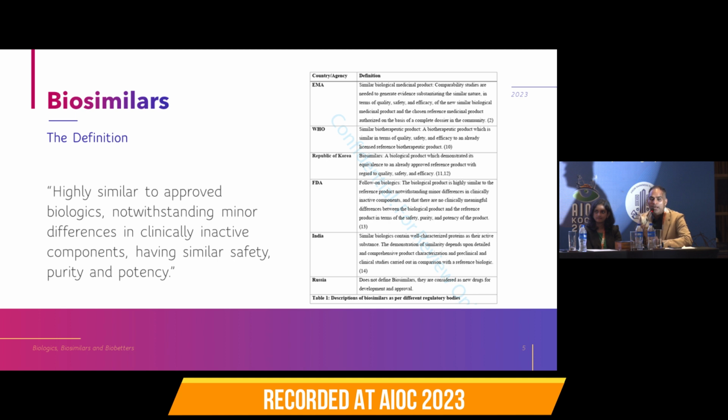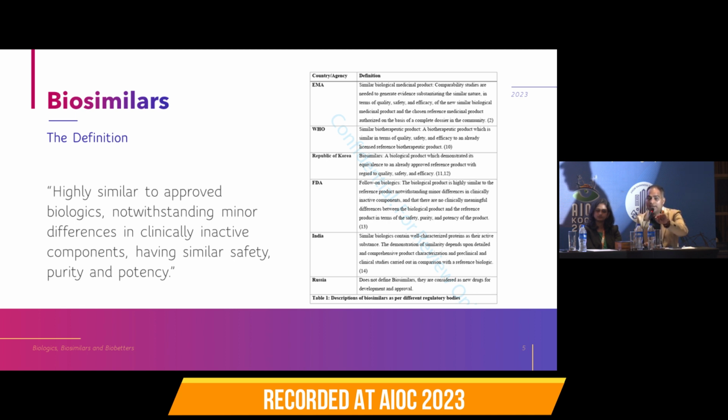Biologics are molecules where it is very difficult to match each and everything. They are not generic, they are not a chemical formula, because they go through living organisms, and in living organisms there are a few changes in terms of buffer and chemicals.